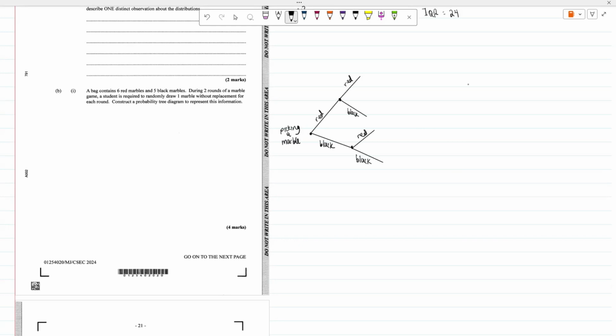Now, what's the probability of picking a red on the first try? Let R be the event a red marble is picked, and let B be the event a black marble is picked.